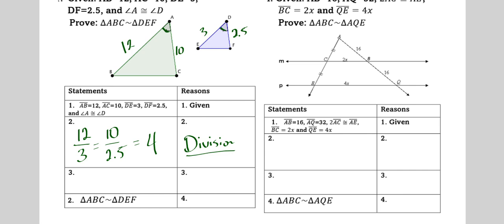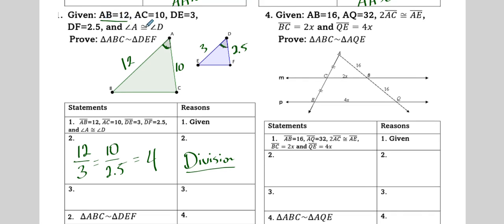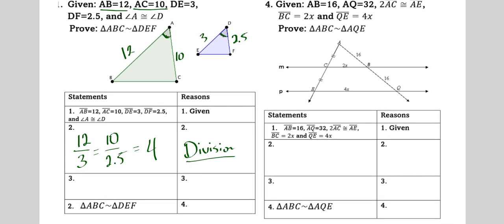And now I know that AB is 12, AC is 10, DE is 3, and DF is 2.5. So in place of these numbers, I substituted in those side lengths. This is what I need to show.